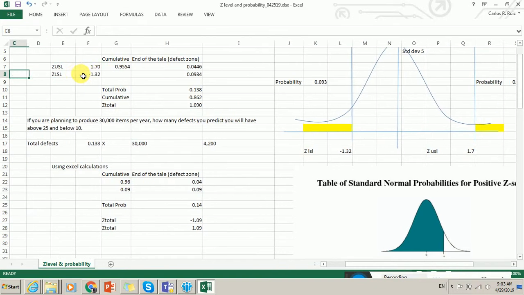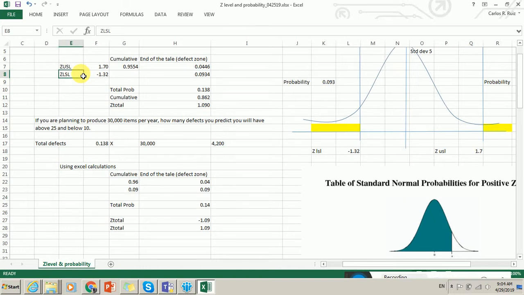Now, to calculate the probability of the lower spec limit, I'm going to do something very similar. Don't worry about the fact that this is negative. It's just saying that this Z level is on the left side of the curve, and this one, because it's positive, is on the right side of the curve. You shouldn't worry about the negative numbers.